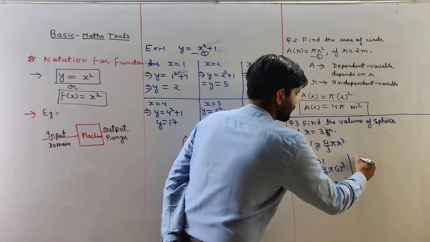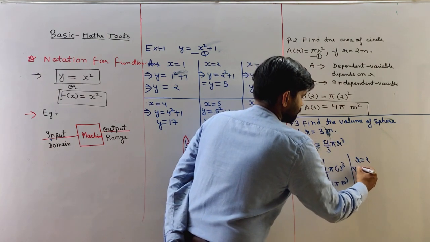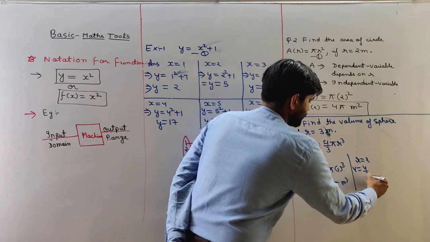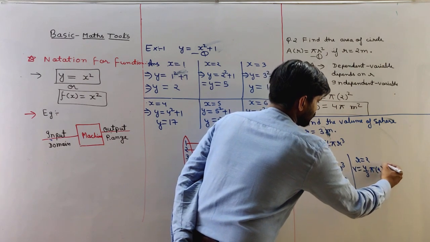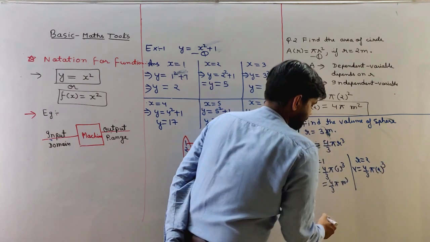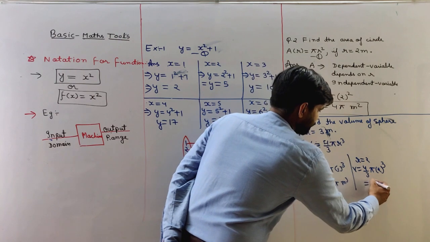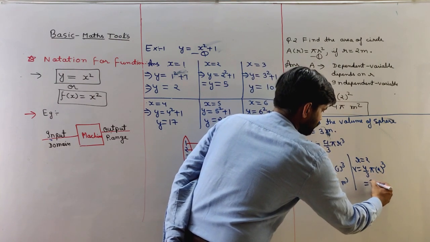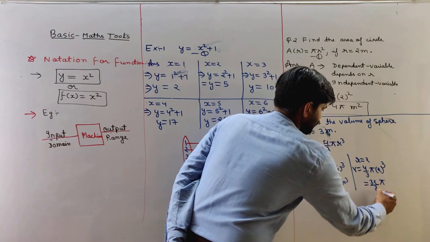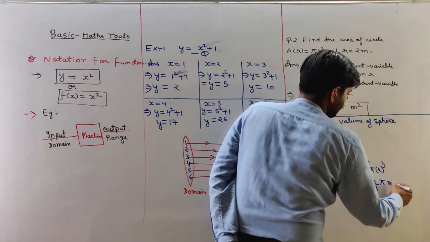Understand? If we put r is equal to 2, then what will we get? 4 by 3 pi into the cube of 2, that is 8. 8 4s are 32 by 3, that is 32 by 3 pi meter cube.